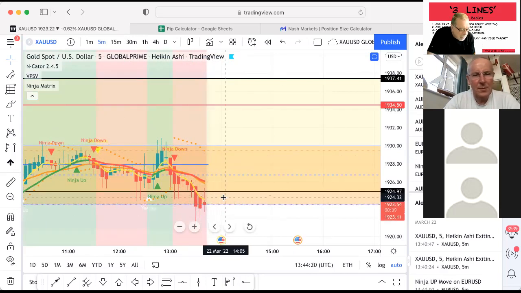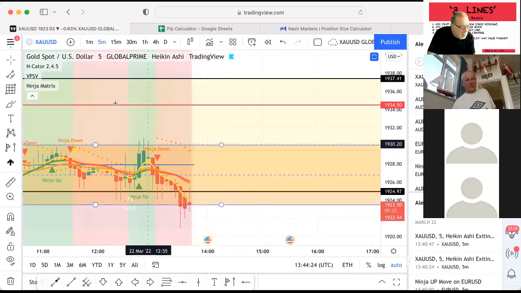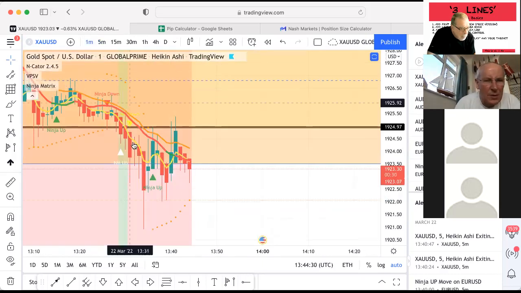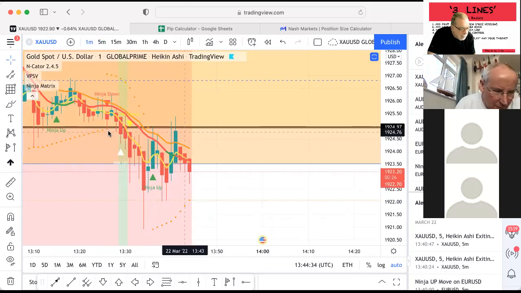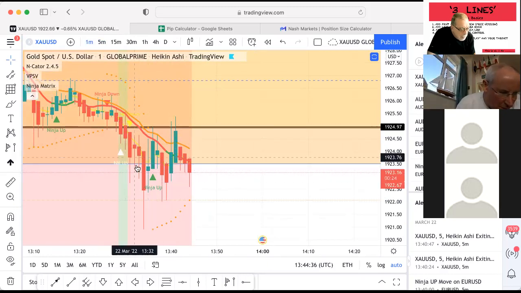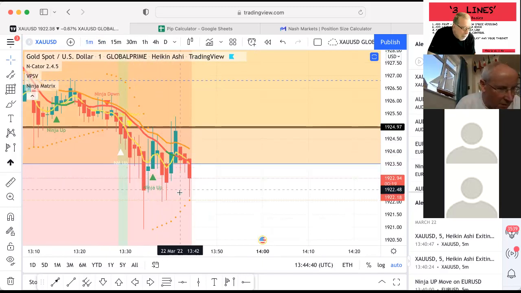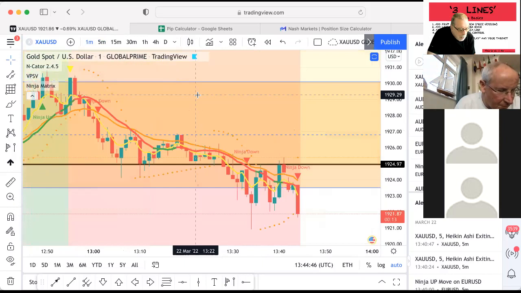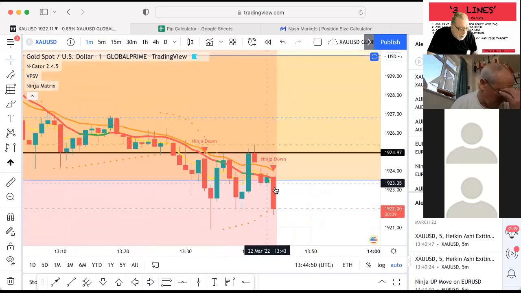Now it's sort of stalling, isn't it, at the minute? It's not giving as much idea. I'm just going to the 1 minute. Yeah, it's sort of forming another lot of consolidation on the 1 minute. If I take Heiken Ashi off, put normal candles on, we've got a strong suggestion of a downward move.